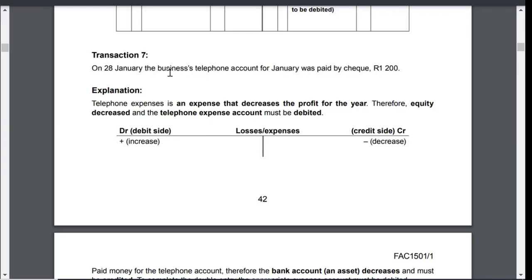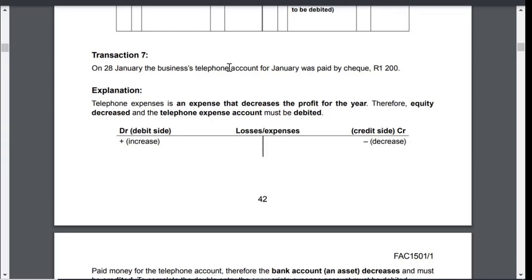Okay, so on the 28th of January, the business telephone account for January was paid by check. Telephone is an expense. If telephone is an expense, an expense is increasing. The business has incurred an expense for telephone of 1,200, which is increasing the expenses of the business.